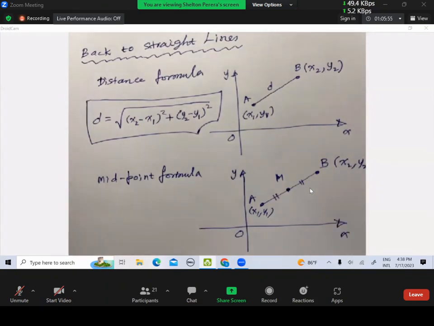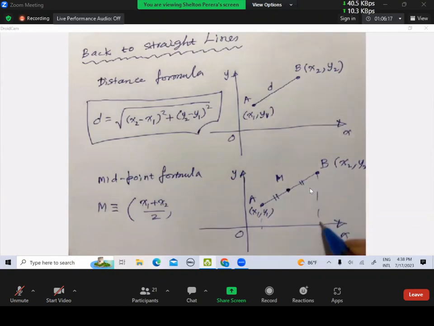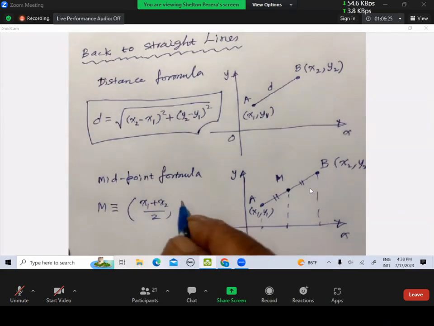The midpoint formula says the coordinates of M, which we denote by the 3 horizontal bars, one more horizontal bar than the equal sign, are: the x coordinate is x1 plus x2 divided by 2. I explained it using this x1, this x2, and this point being the midpoint. So the midpoint is x1 plus x2 over 2, y1 plus y2 over 2.